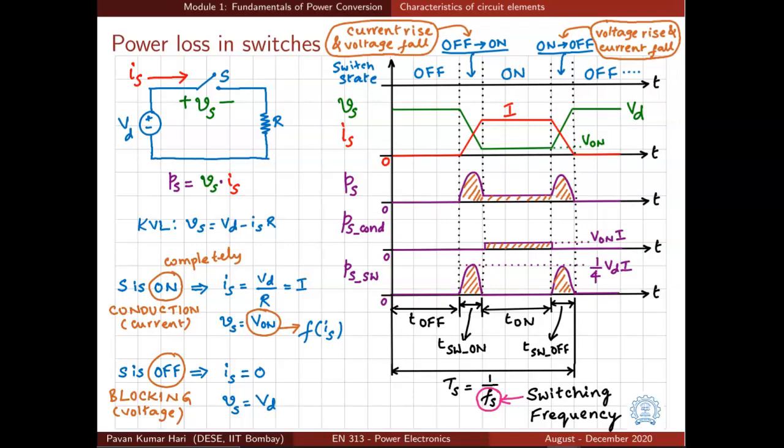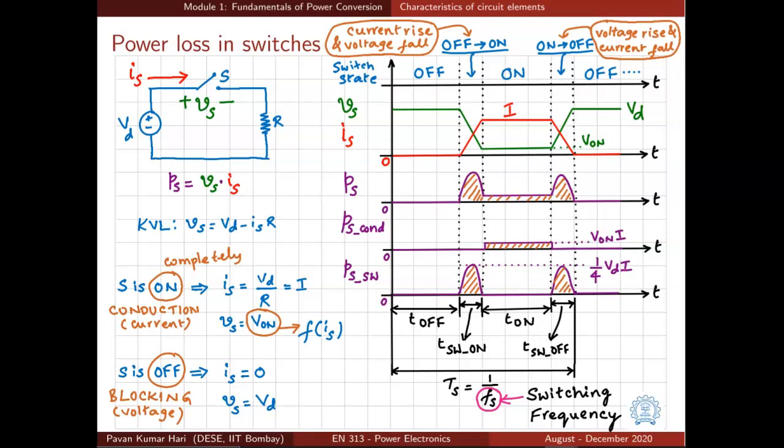The sum of all these 4 intervals, T off plus TSW on plus T on plus TSW off, is capital T with a subscript S, Ts, which is known as the switching cycle time period, and the inverse of that is the switching frequency, the frequency at which a particular switch is turning on and off in a power electronic circuit.